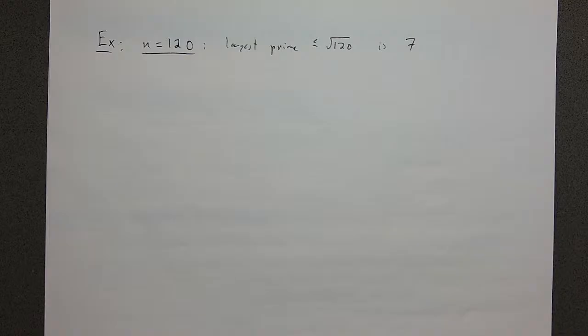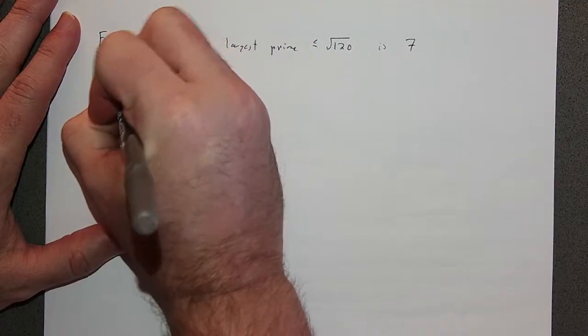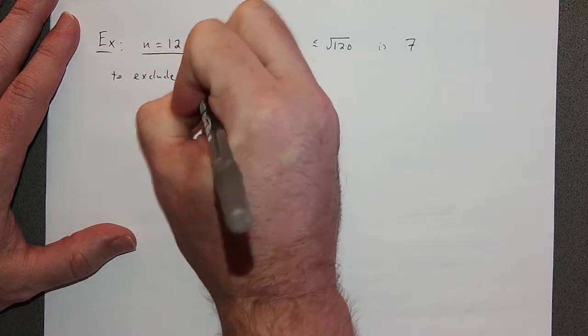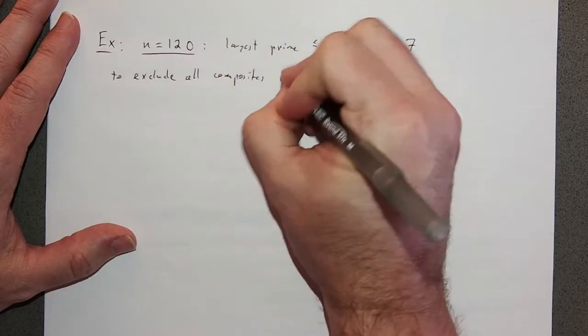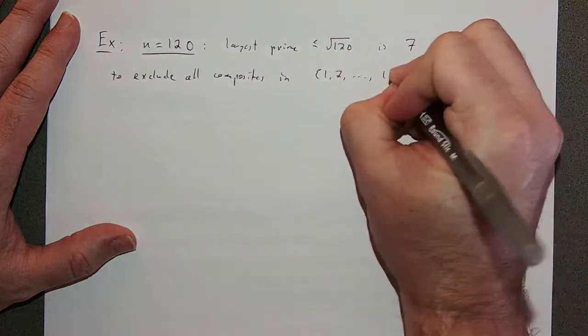So I need to exclude all of the composite numbers in the set 1, 2, up to 120.